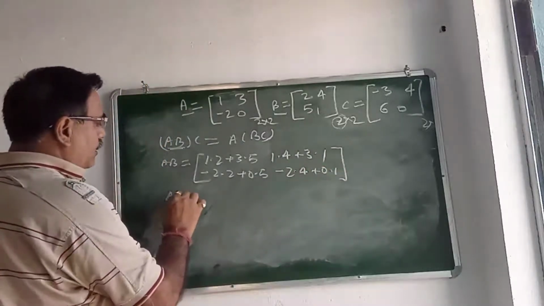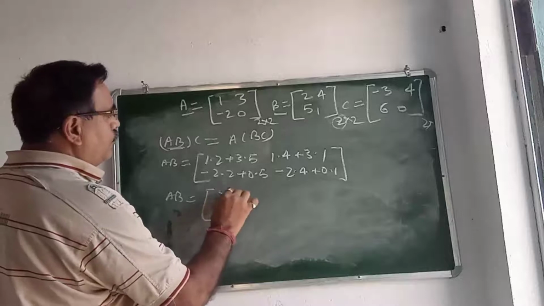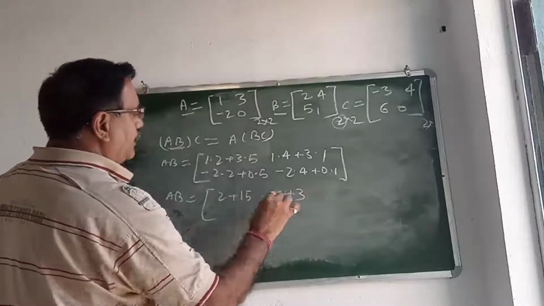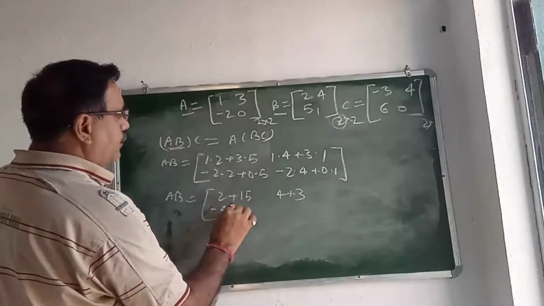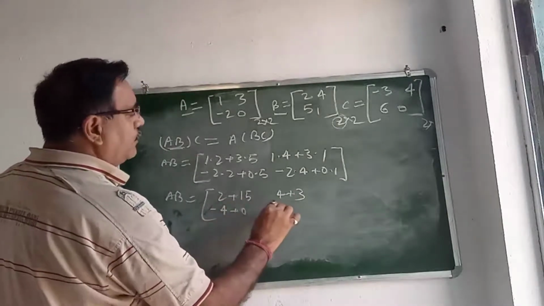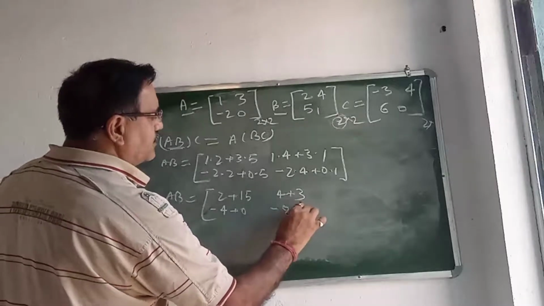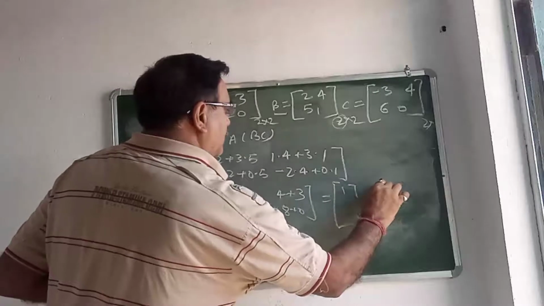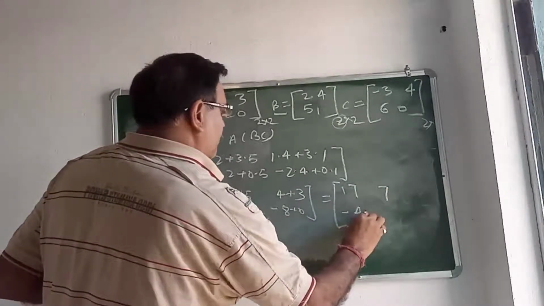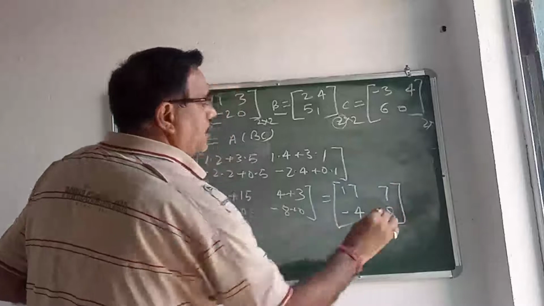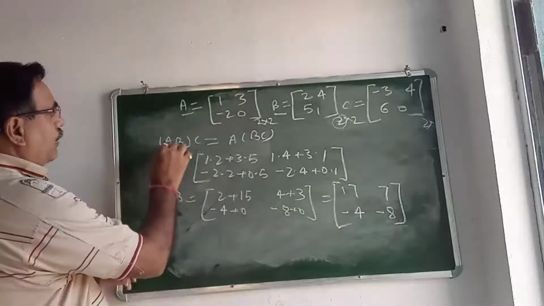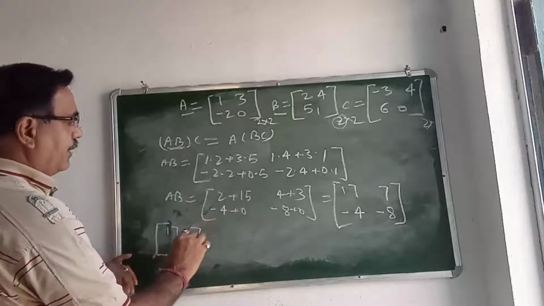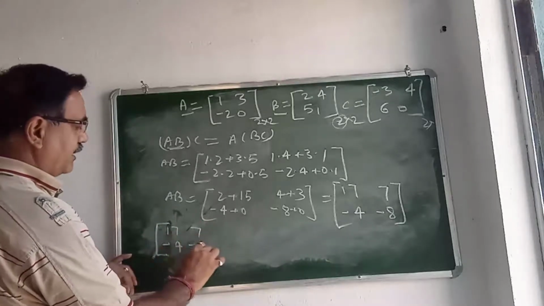So AB becomes 2 plus 15, 4 plus 3, minus 4 plus 0, minus 8 plus 0, that is equal to 17, 7, minus 4, minus 8.